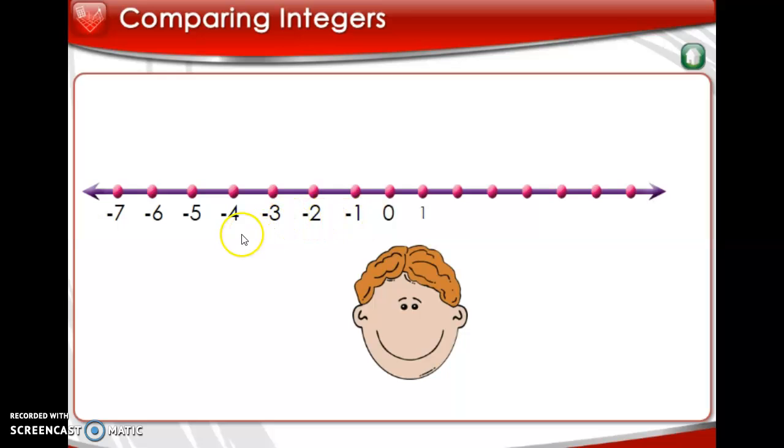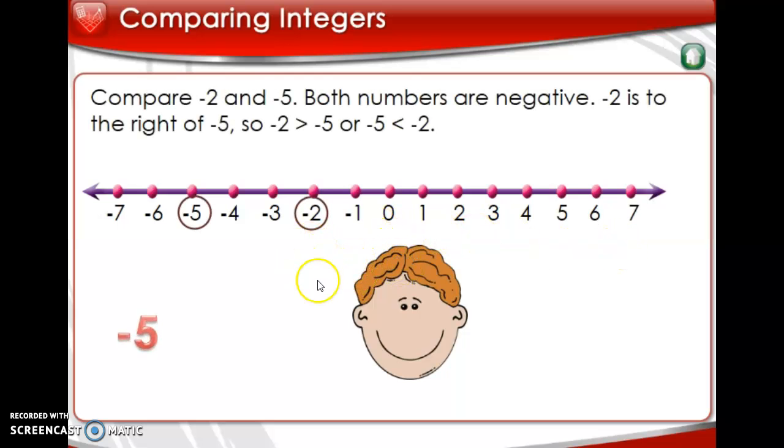We have the negative side, this left side, and the positive side. Now, compare negative 2 and negative 5. Both numbers are negative. Negative 2 is to the right of negative 5.